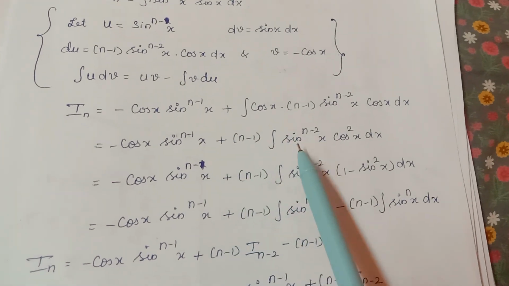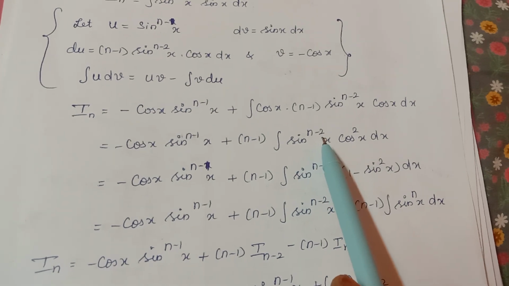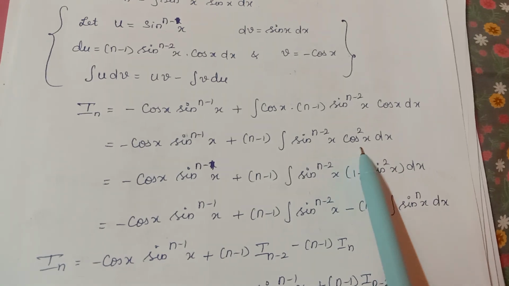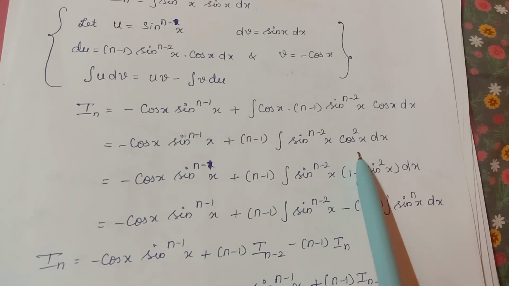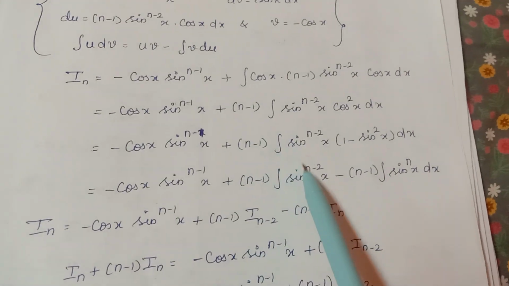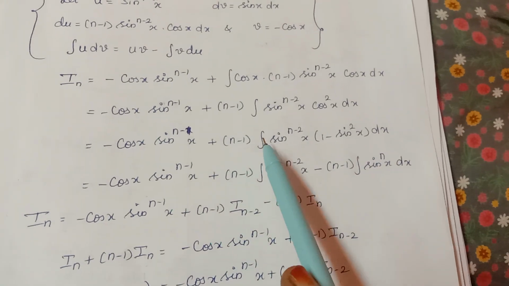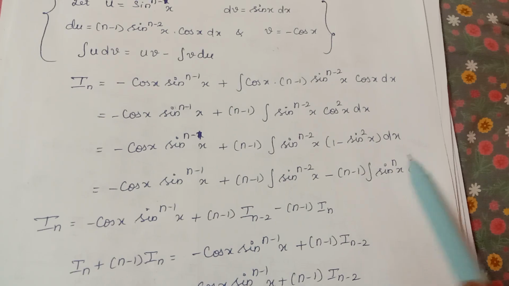Now you see this integrand here, my power of sine is reduced to n minus 2. But here one more function is appearing, cos. This is not related to this integral. So I am going to rewrite in terms of sine. Sine power n minus 2 x into, instead of cos square x, I am writing 1 minus sine square x. Then you multiply. So I am getting n minus 1 into sine power n minus 2 x dx.